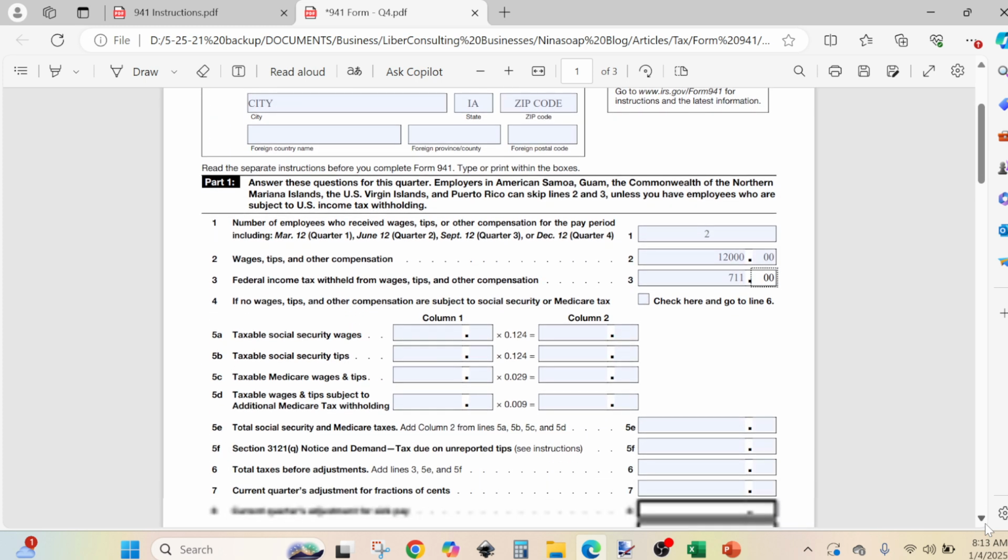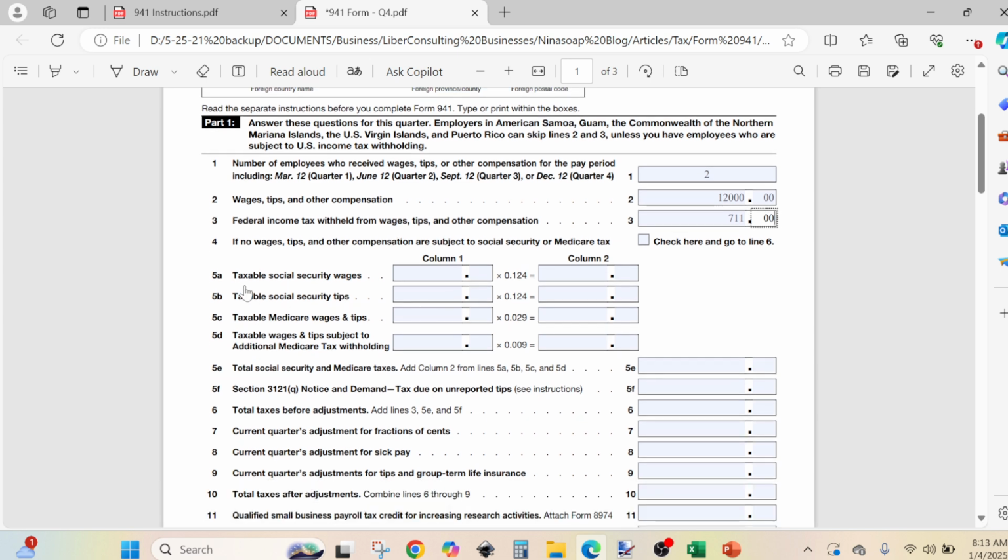Line 4, if no wages, tips, or other compensation are subject to Social Security tax, you check that box and go to line 6. We are going to leave that box alone and we'll go to line 5. So total taxable Social Security wages is going to be the same in this example as line 2. It's pretty much the total wages that you withheld Social Security tax on, and it is going to be 12,000.